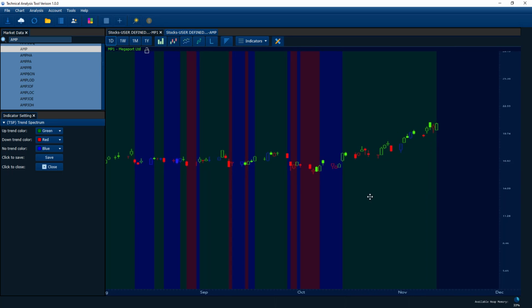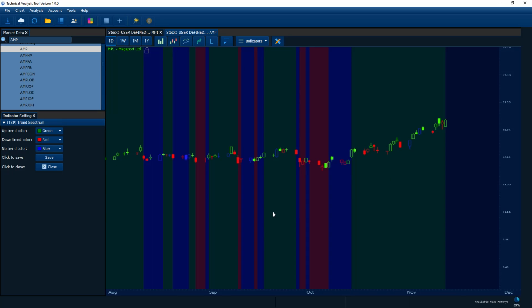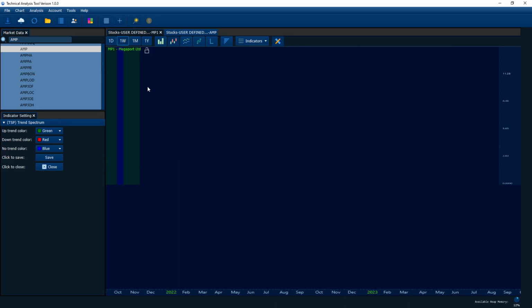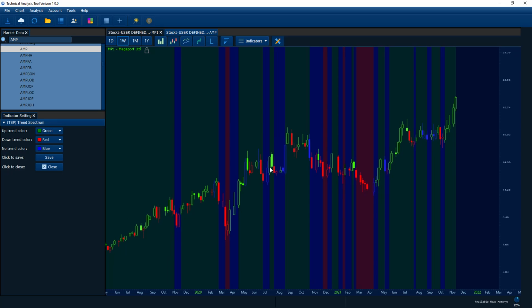Because you have this background information in your mind, you know at the moment I'm dealing with a monthly uptrend, weekly uptrend share, right? Cool. That's very easy. That's how we read the information from the trend spectrum indicator.